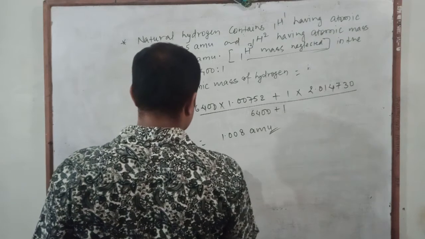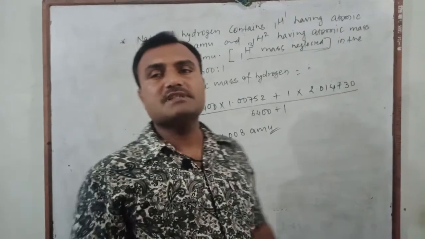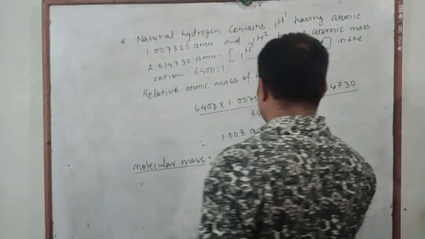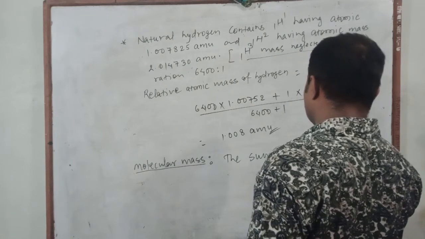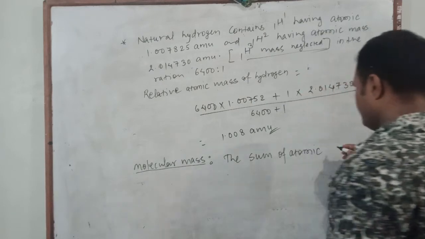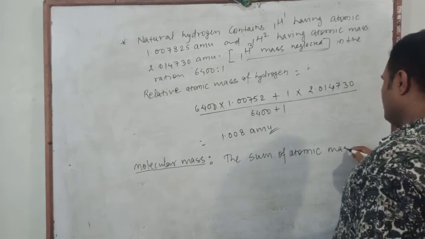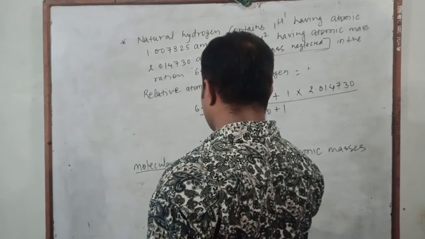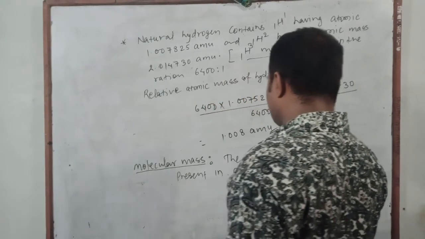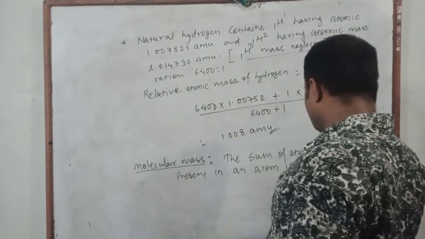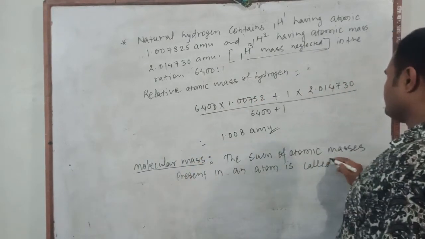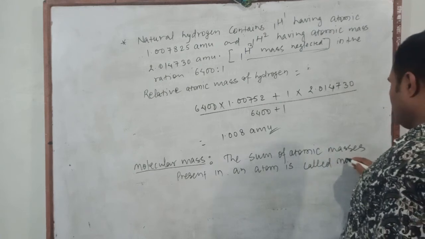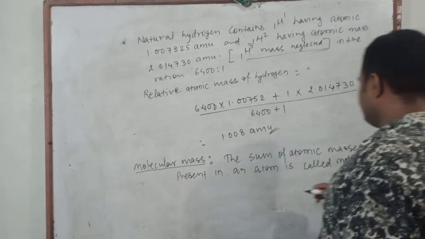We know that molecules are made up of elements, and here we write the sum of the atomic masses present in a molecule is called molecular mass.